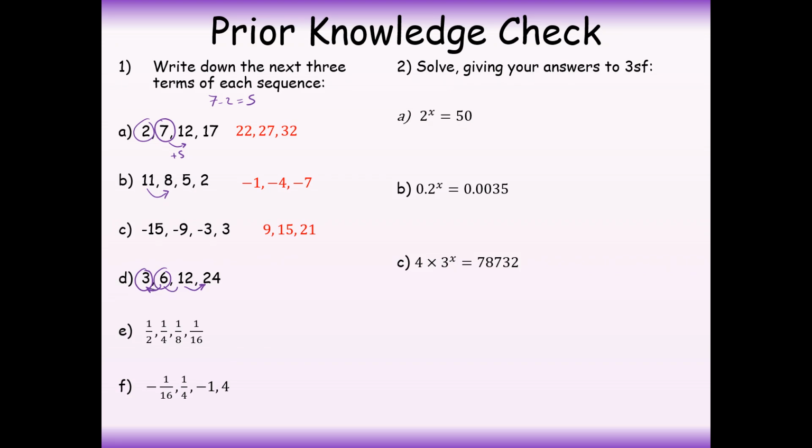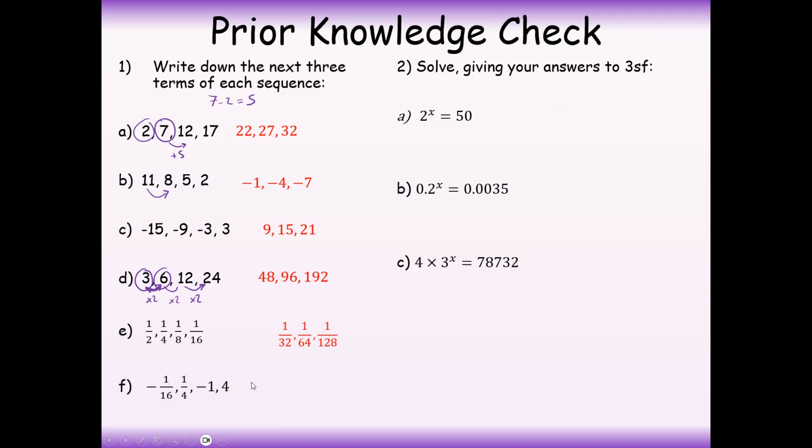Therefore, going from left to right, we multiply by 2, and so on. Next few terms in the sequence will be such. The next sequence is also a geometric sequence. There, you're multiplying by half, so next few numbers will be such.